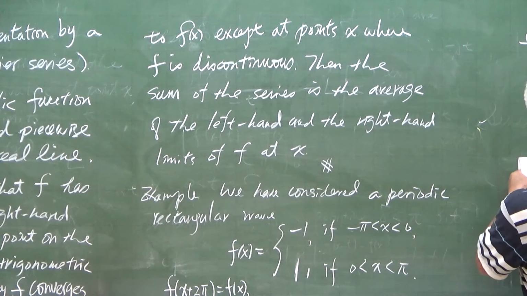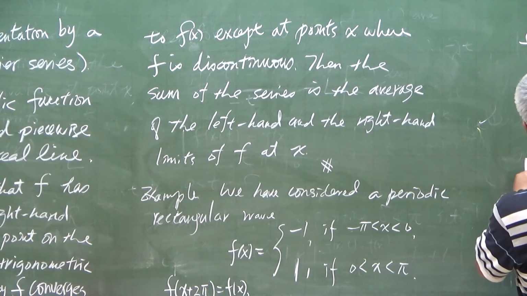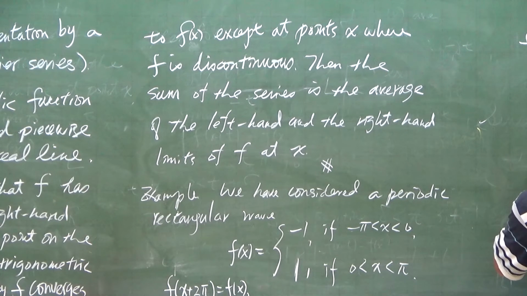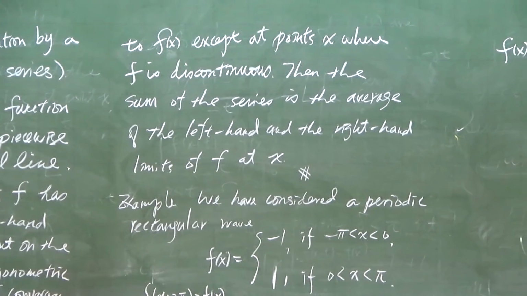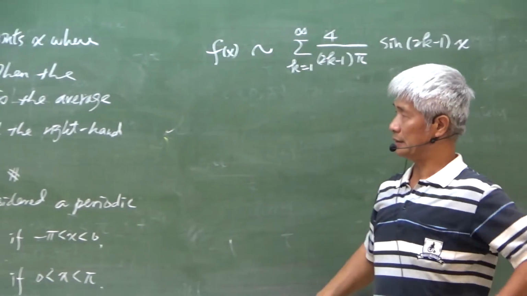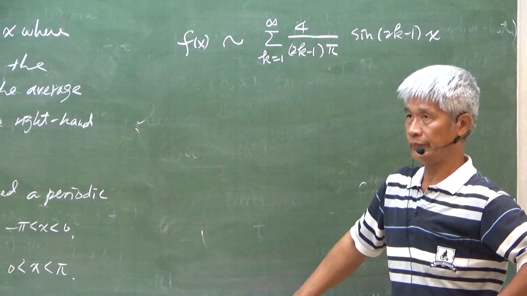So we know that this is equal to, so this is the Fourier series generated by this rectangular wave.